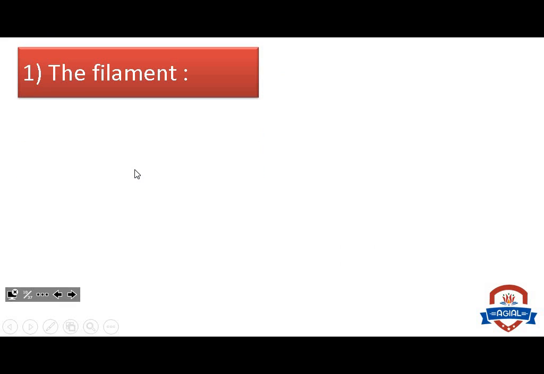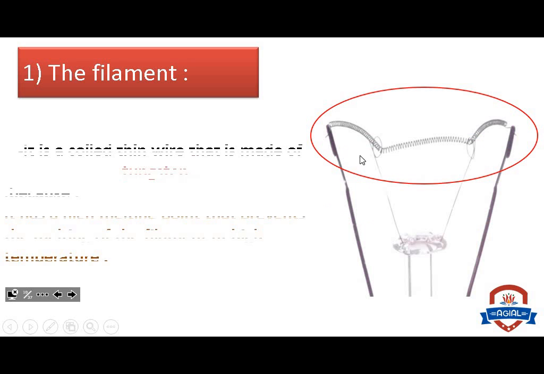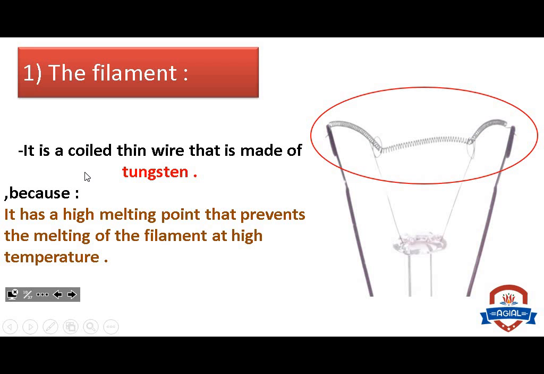First, the filament. This is the filament. It is a coiled thin wire that is made of tungsten. So again, what is the filament? It is a coiled thin wire made of tungsten. Why?